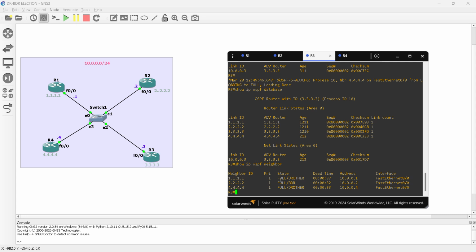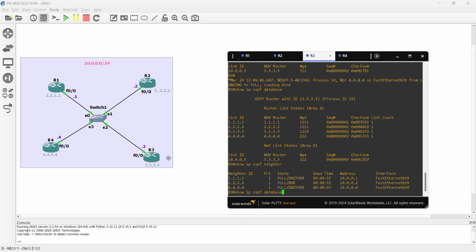As R3 is DR. Now let's go and check the database. Let me check for R3. Before that, let me tell you, we are checking the database of R3 as we want to validate that the LSA was generated by R3 only, as it was originally the designated router.